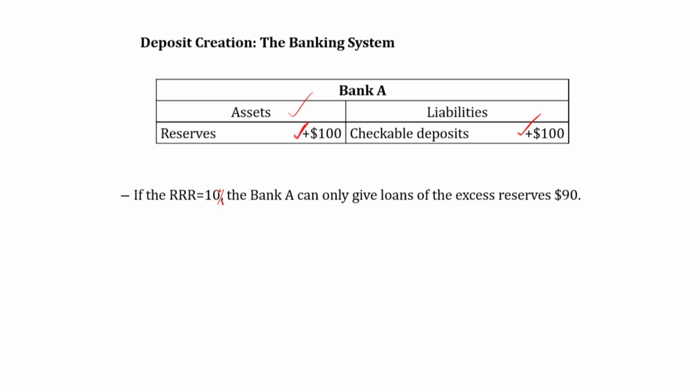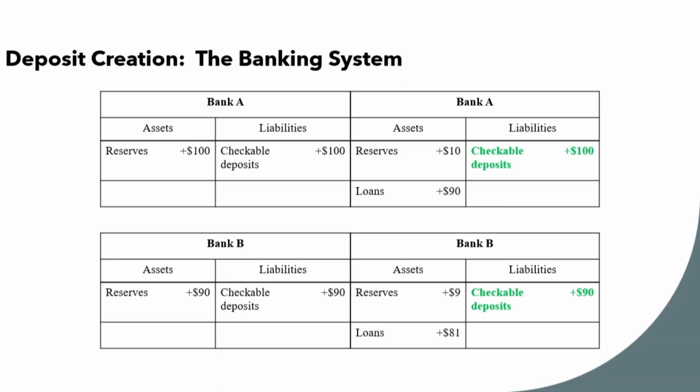That means the money was received directly from the central bank, so it's not through any deposit. So it doesn't need to keep 10% as the required reserve. But here Bank A has to keep 10% as the required reserve, and the remaining 90 it can loan out to another individual or firm.